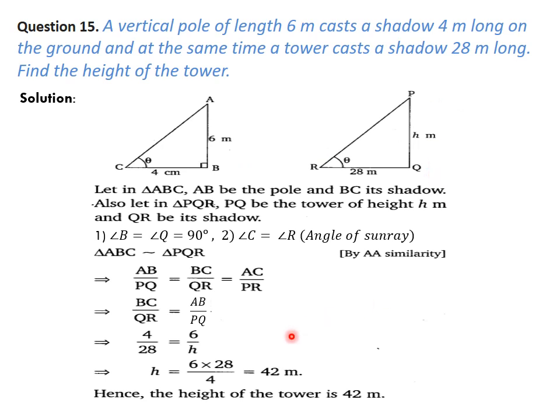So for that purpose, we will choose the first two ratios. BC by QR is equal to AB by PQ. We will put the values of these particular sides and then calculate the value of H, which will be the height of the tower. So we are calculating the height of the tower to be 42 meters.